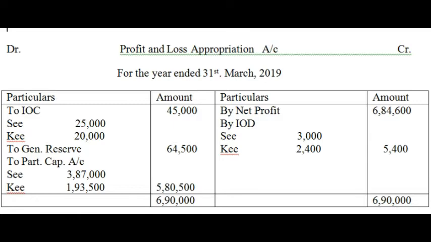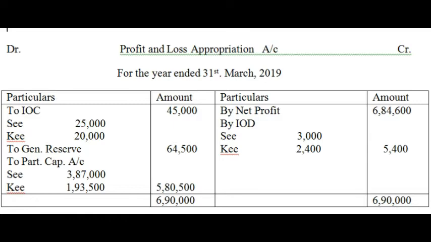The division of profit is given for C and Key, that is 3,87,000 and 1,93,500. This divisible profit is distributed in the ratio of 2:1. So the working note makes everything very clear. Always prepare the working note first, draw the format and put in all the values according to the calculation you have prepared.